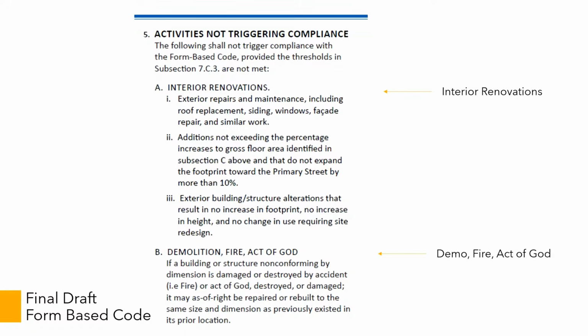Again, additions that don't exceed the percentages within the code, in exterior building structure alterations that do not increase the footprint. And as I mentioned earlier, there's a clear section under demo, fire, and acts of God.